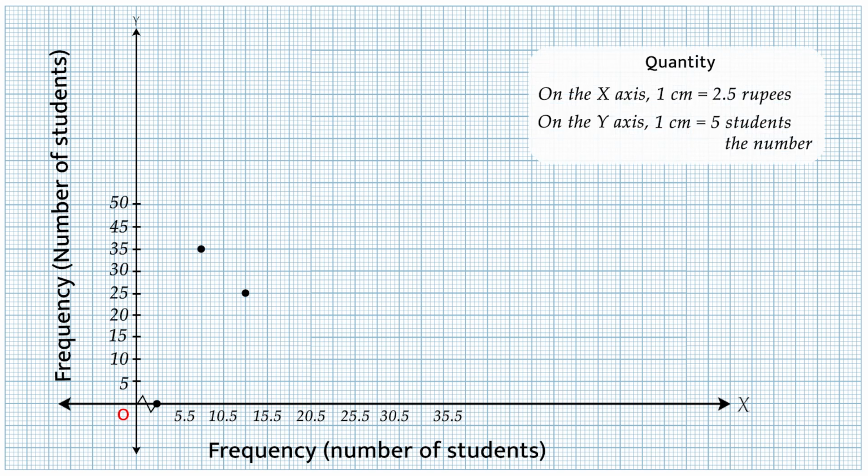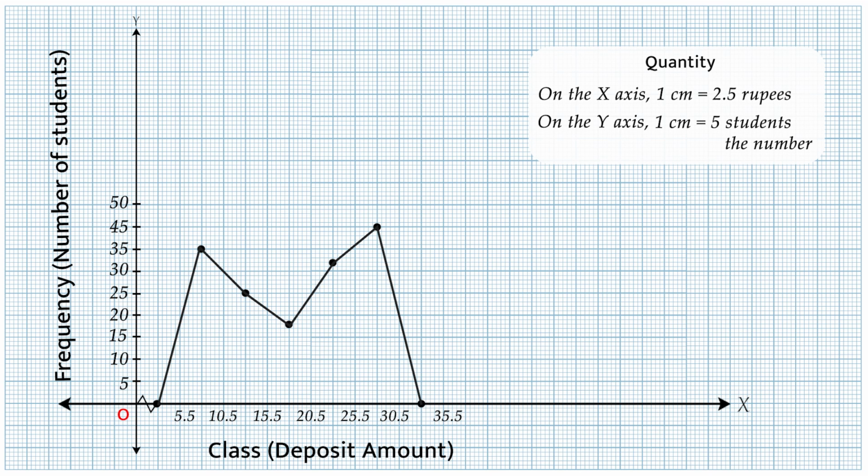The corresponding points are plotted on the graph paper. Join the plotted points in order by line segments. This is the frequency polygon.